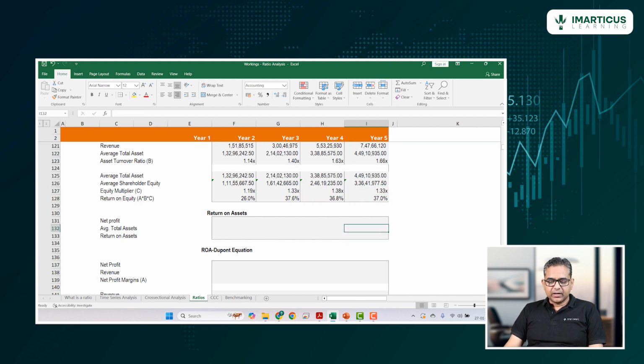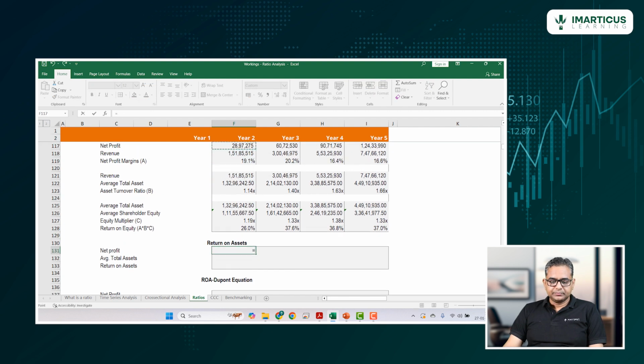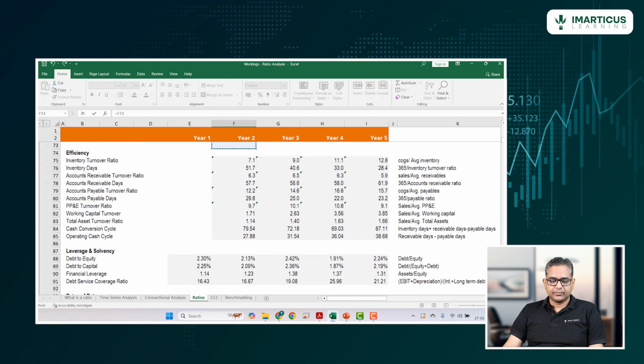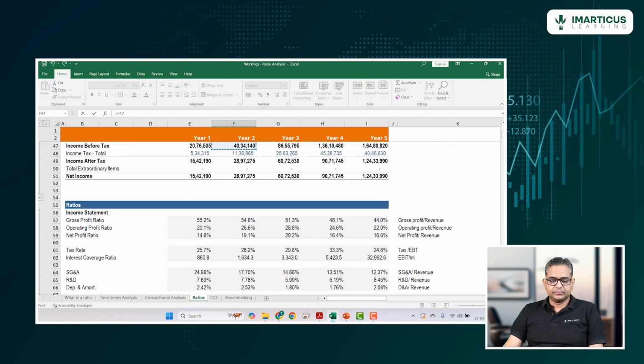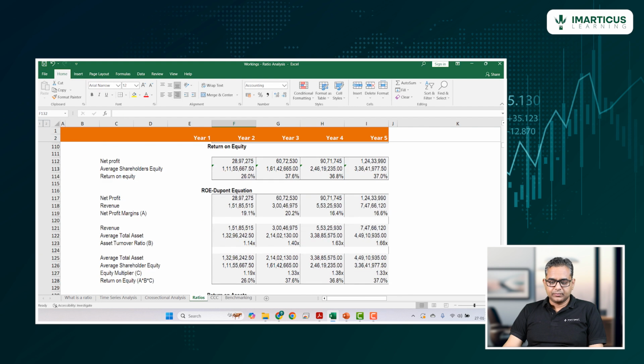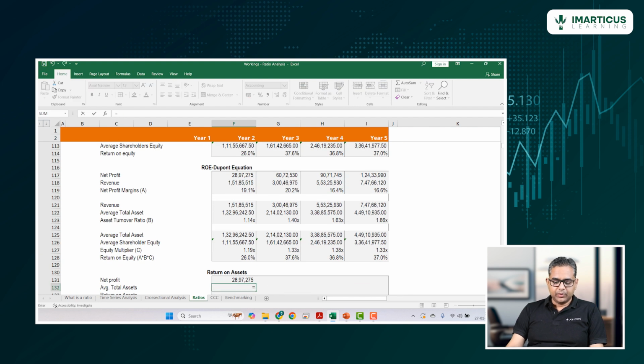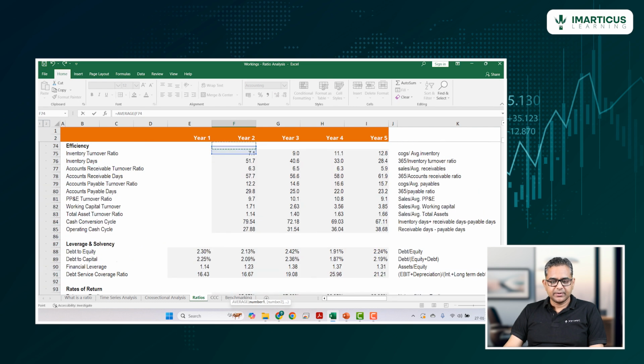Let's look at return on assets. Net profit upon average total assets.